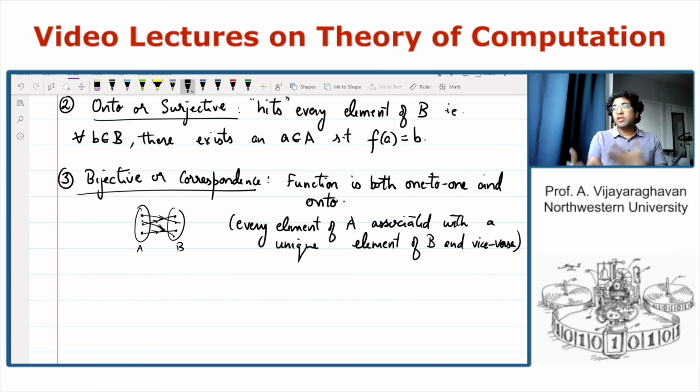Similarly, you can use properties like surjectivity and one-to-oneness to compare the sizes of finite sets. But we will actually use it as a definition for how to compare cardinalities of sets. That's what we're going to do next.